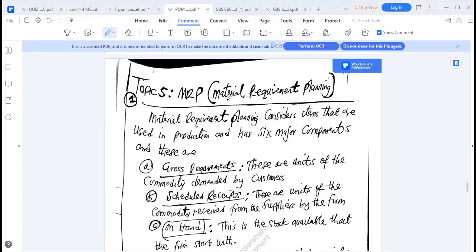Okay, so material requirement planning considers the items used in production, and of course, this MRP has 6 major components. The first component of MRP is called gross requirements.